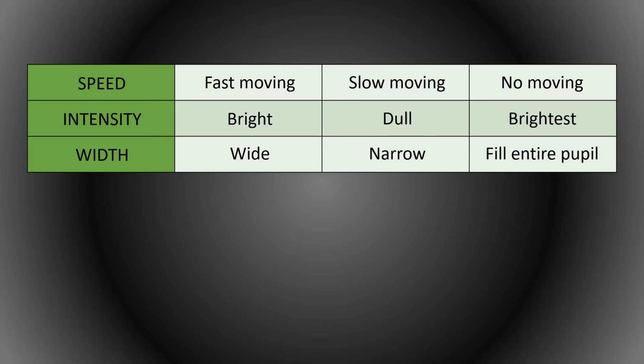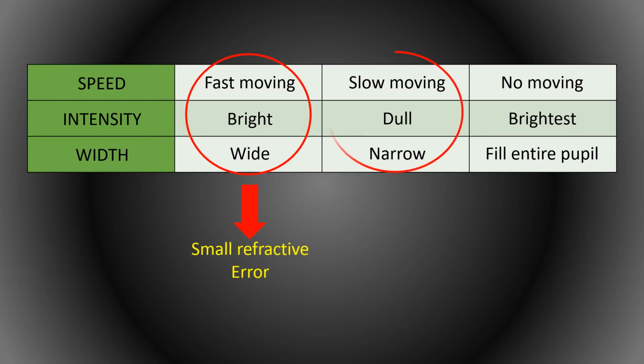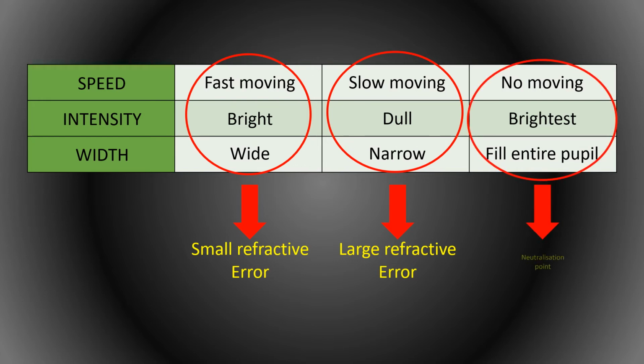When you see the reflex moving fast, bright and wide, it indicates a small refractive error. When you see the reflex moving slow, dull and narrow, it indicates a large refractive error. And when you see no movement, brightest glow and the entire pupil filled with the glow, it clearly indicates the neutralization point.